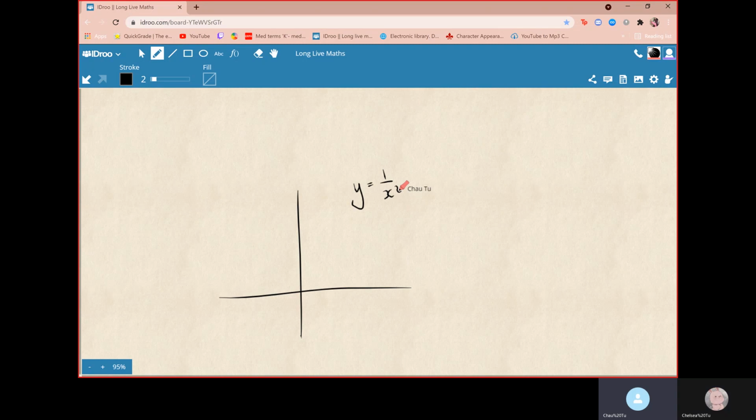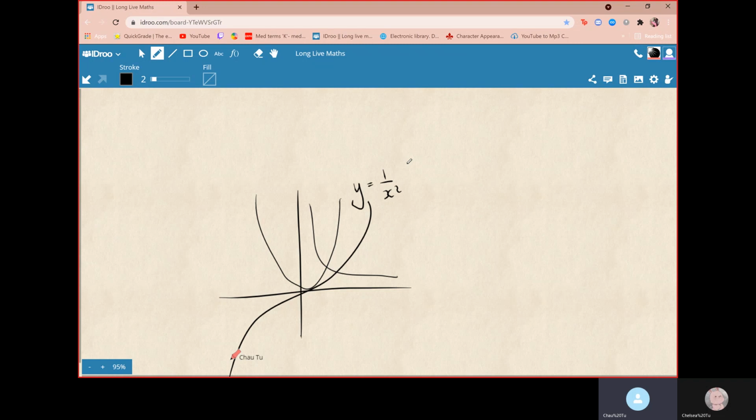Come on then. So how do you do this? What does this graph look like? Wait, I'm thinking. Okay, so 1 over x is like this. x squared is like that. 1 over x squared, and to the power of 3 looks like this.